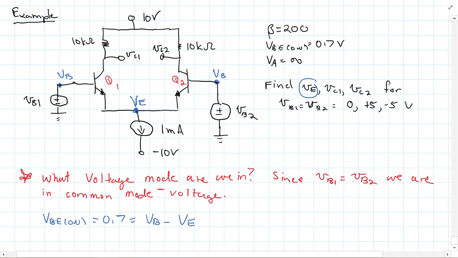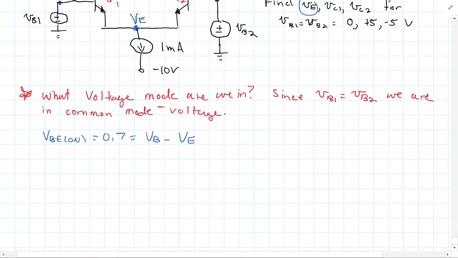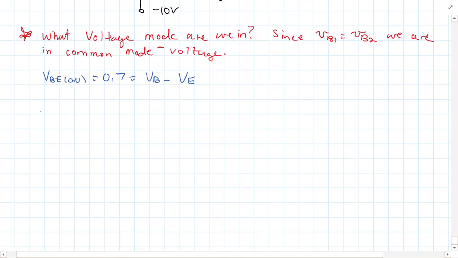So we know that for, we'll just say here A, VB equals 0 volts, you have 0.7 is equal to 0 minus VE, which gives us VE equals negative 0.7 volts.